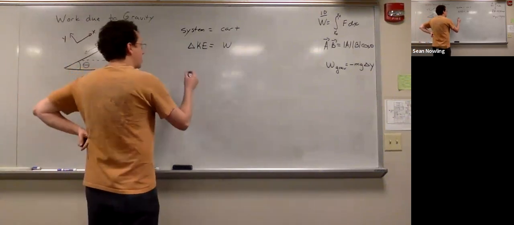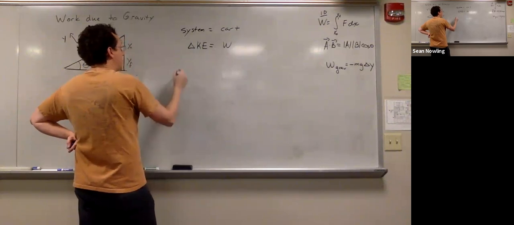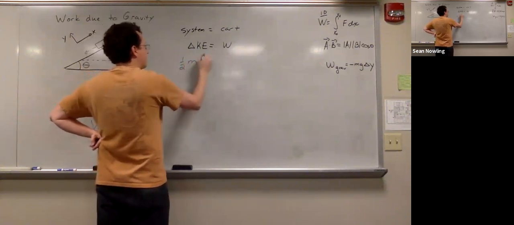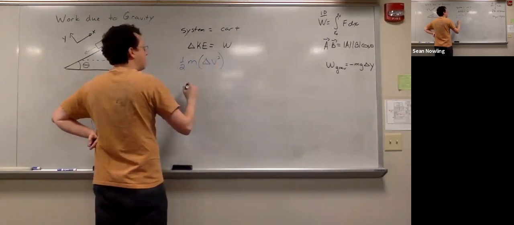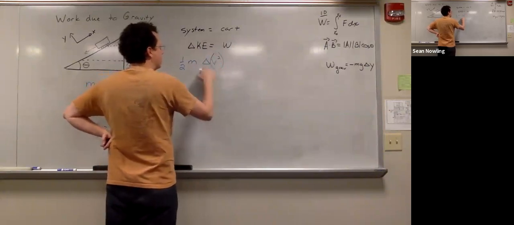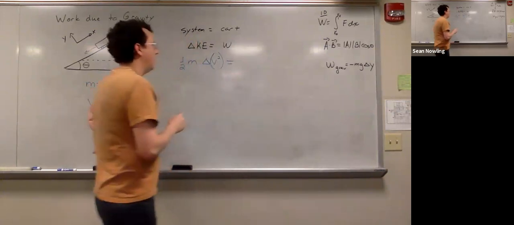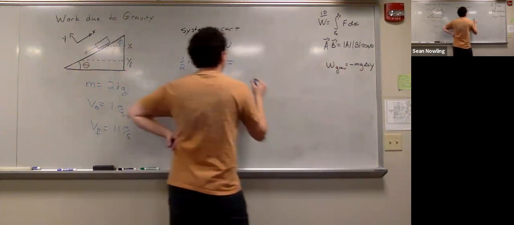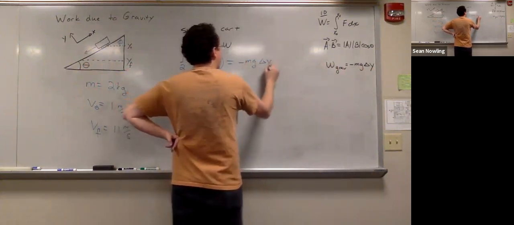All right. So I would apply the work energy theorem. I'm going to say 1/2 the mass times the change in velocity squared. I should be more careful with my parentheses here, so it's really clear. Change in velocity squared equals the work. And a convenient formula for the work is minus mg delta y.